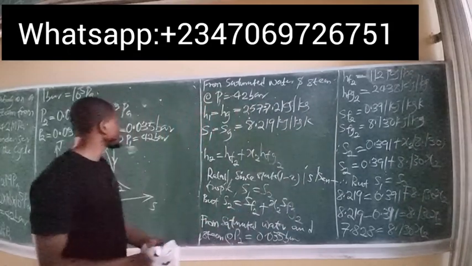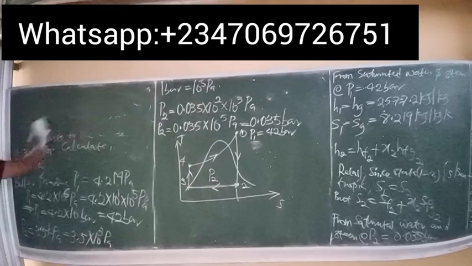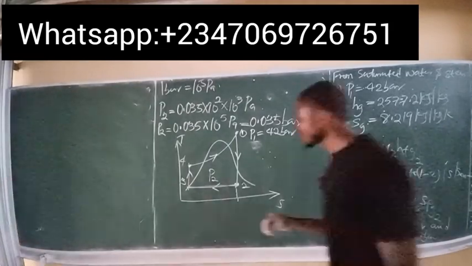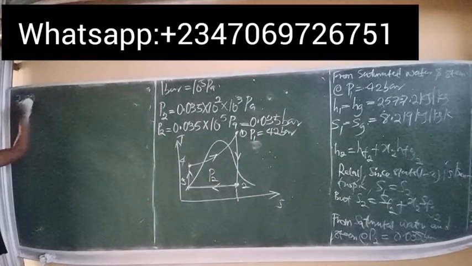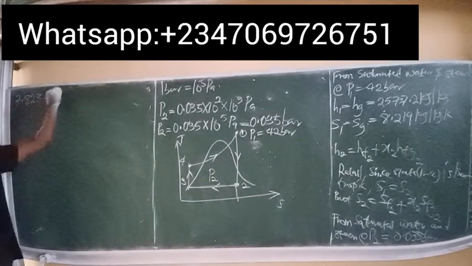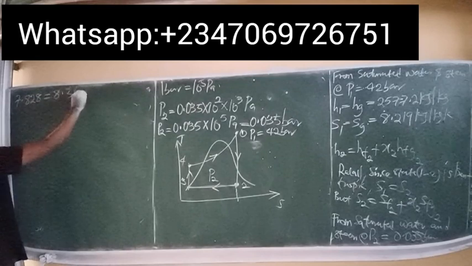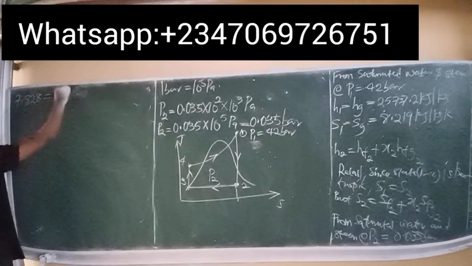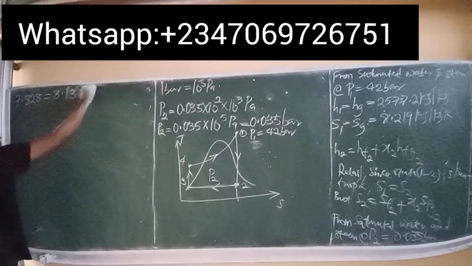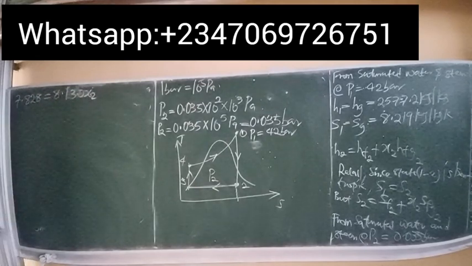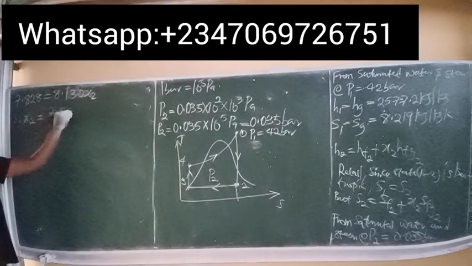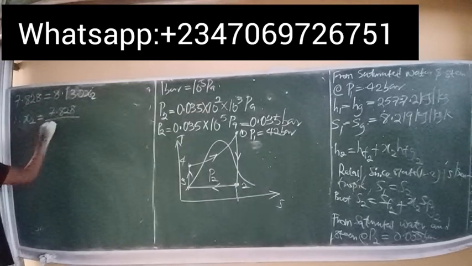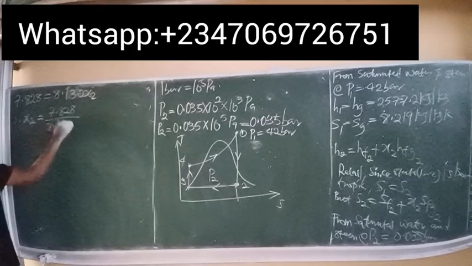Let's do that over here. Alright, so we have 7.828 equals 8.130 X2. So we simply make X2 the subject here. That gives us that the dryness fraction at that point, X2, becomes 7.828 all over 8.130.